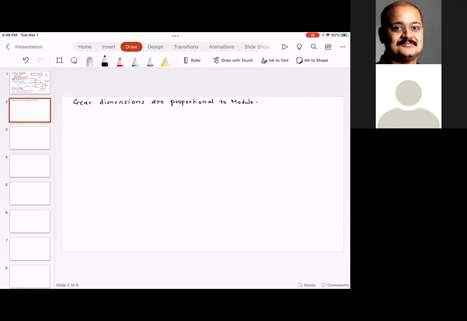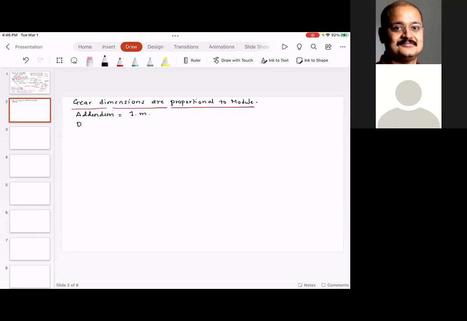So what does that mean? It means addendum is equal to 1 times module.